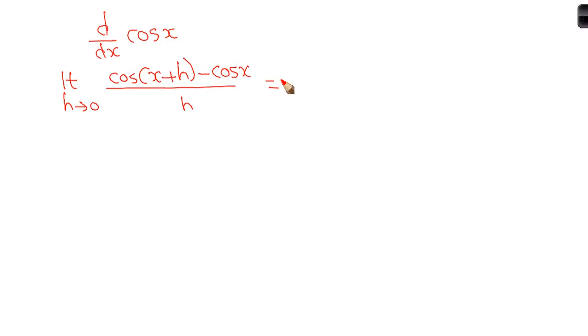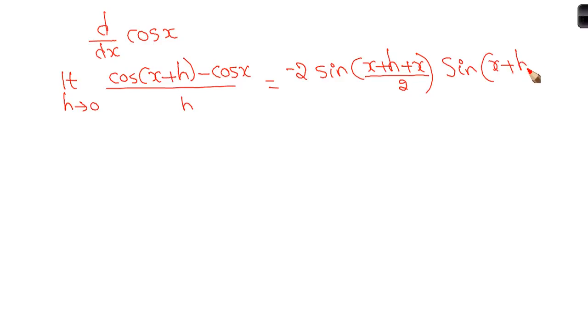What is the formula for cos c minus cos d? Cos c minus cos d is minus 2 times sin of (x plus h plus x) by 2, into sin of (x plus h minus x) by 2, by h.